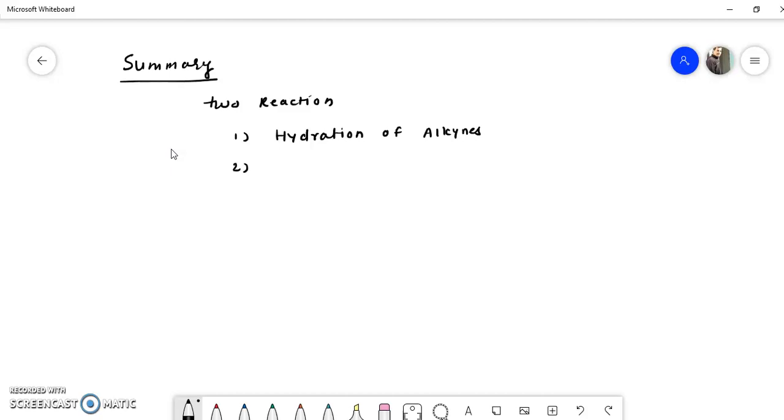And the second reaction which we have seen was the addition of HX to the alkyne. This addition of HX to the alkyne also takes place in presence of HgCl2 to increase the reactivity of the alkyne, and the addition takes place as per Markovnikov rule. But if we use peroxide, then the peroxide effect is observed. So this is all about the reactions of alkyne.